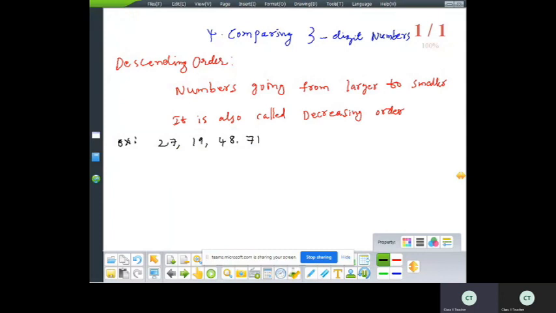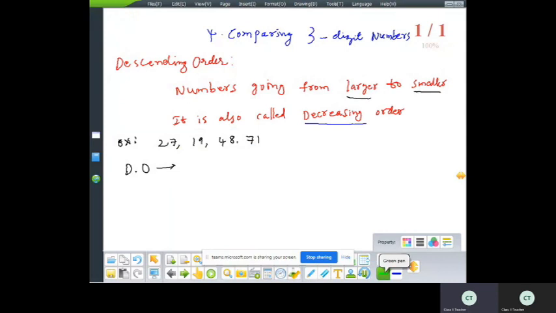We arrange the given numbers in descending order. DO means descending order. Descending order means larger to smaller, or decreasing order.